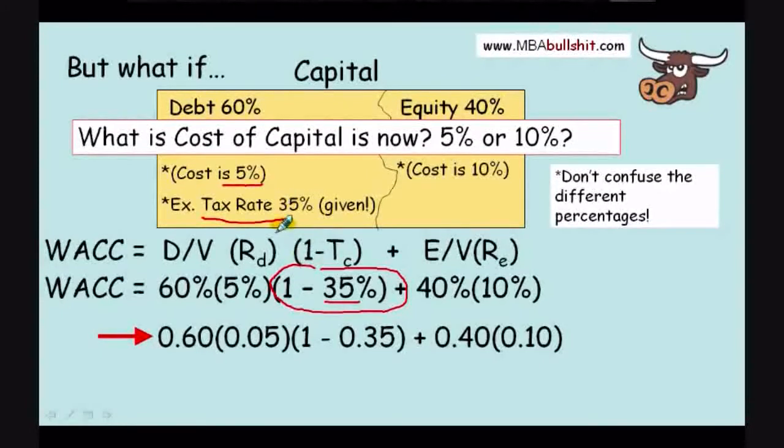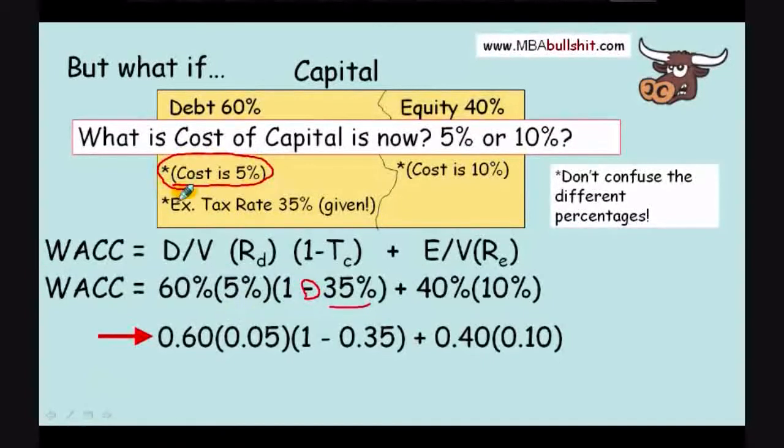So this 35% here, you're wondering, why is it minus 35%? Because this minus 35% represents the discount that you will get on your taxes because of this expense. Alright? It's as simple as that.